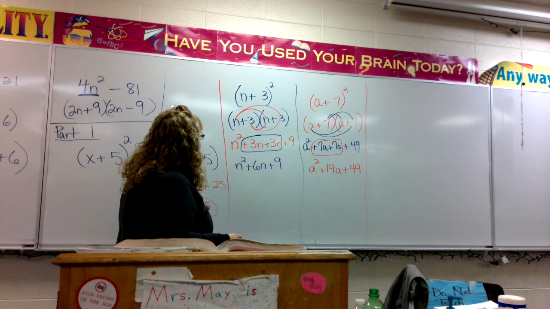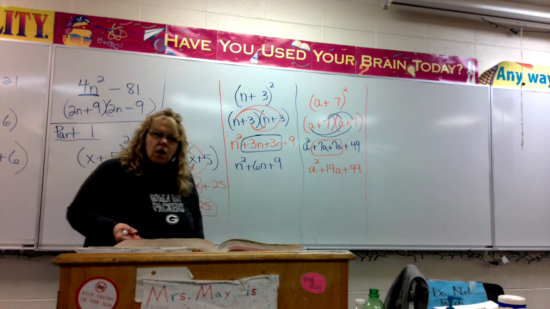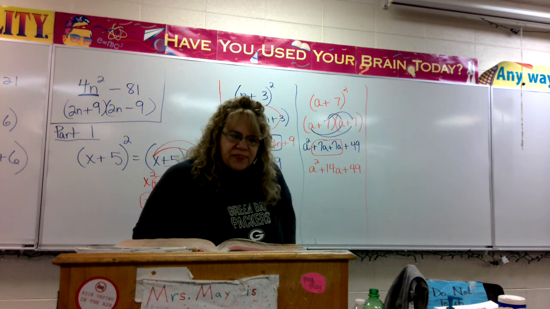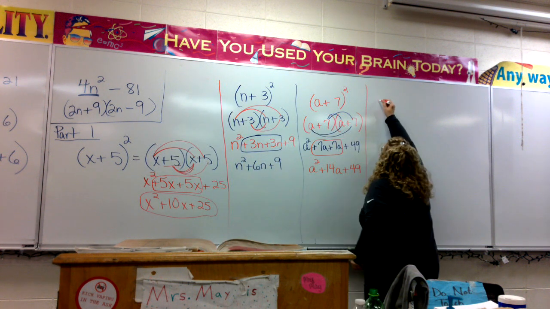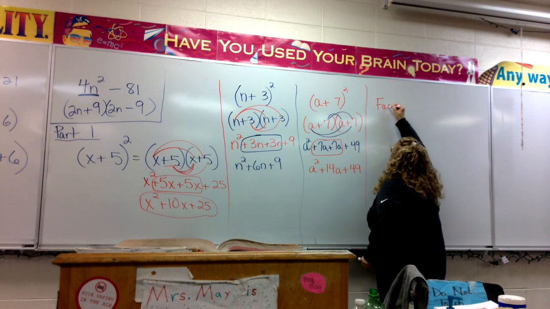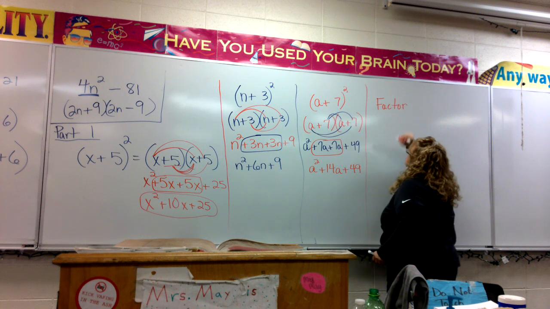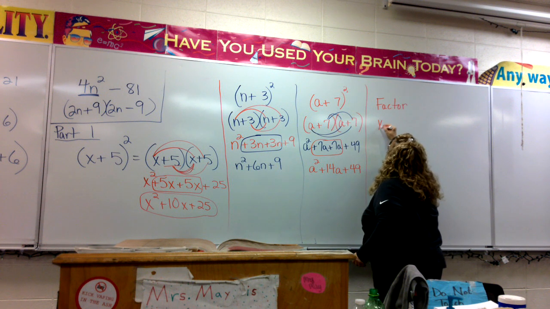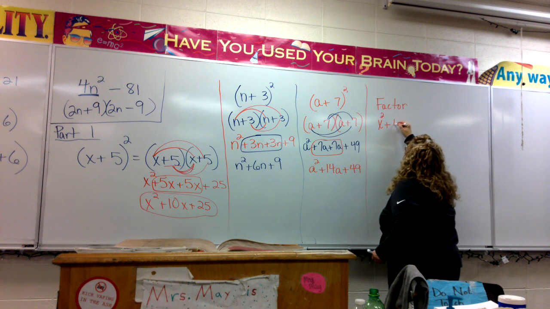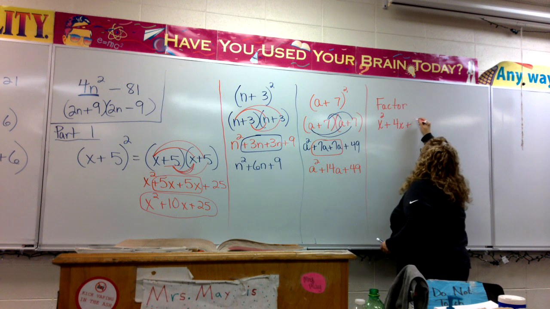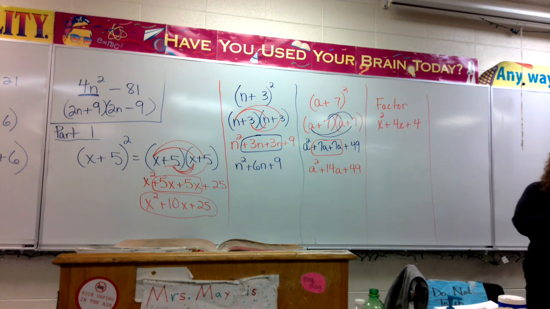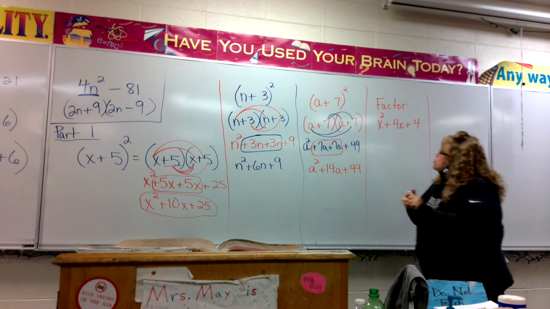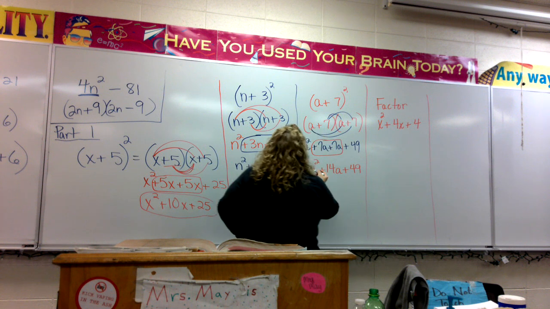Well, so today you're going to do this part, which you already know how to do. But then you're also going to go the opposite way. And we're going to factor something like x squared plus 4x plus 4. Factor that. So in other words, what we're doing is going the opposite.